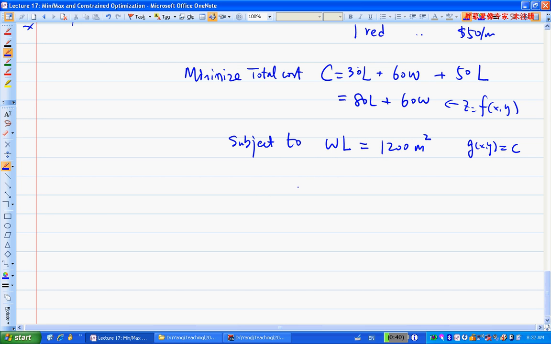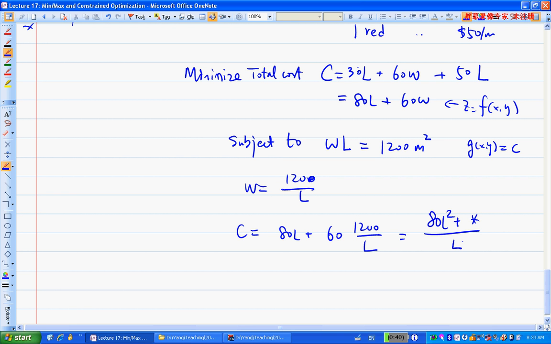So I can get W equal to 1,200 divided by L. Then substitute this quantity over here, so your C becomes 80L plus 60 times 1,200 over L. Overall, this is 80L plus a certain number over L.